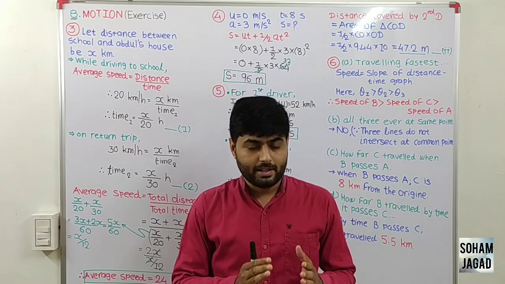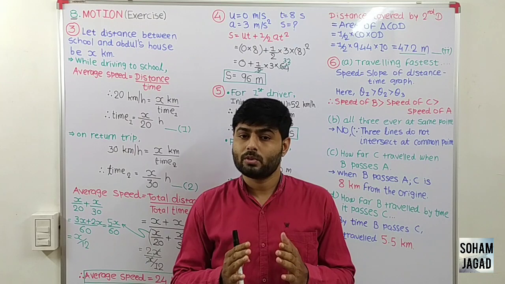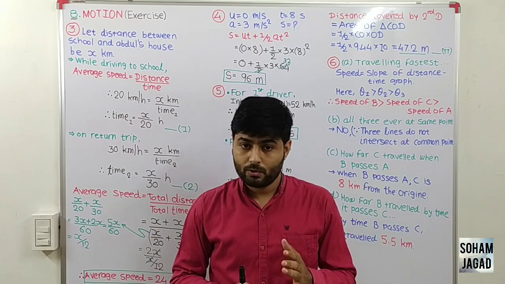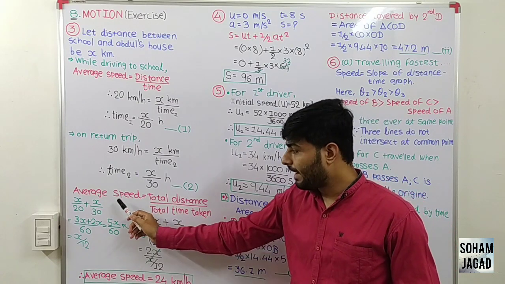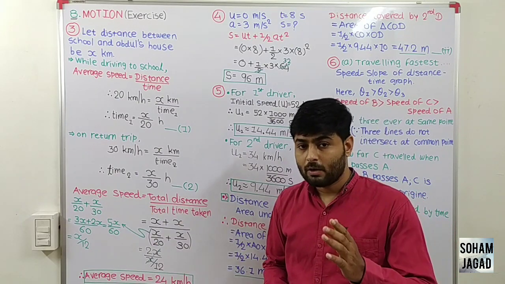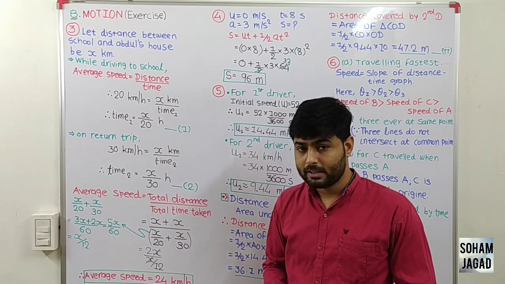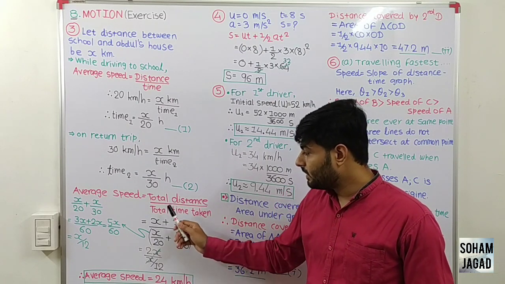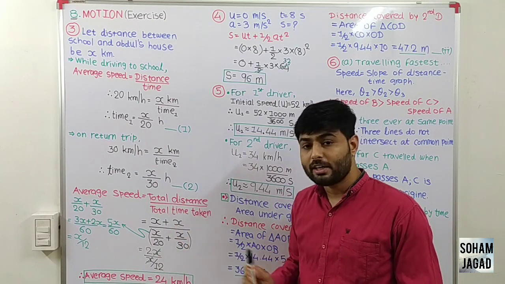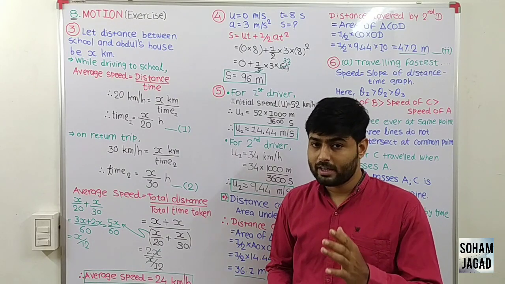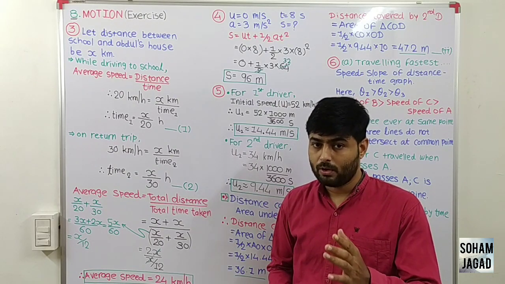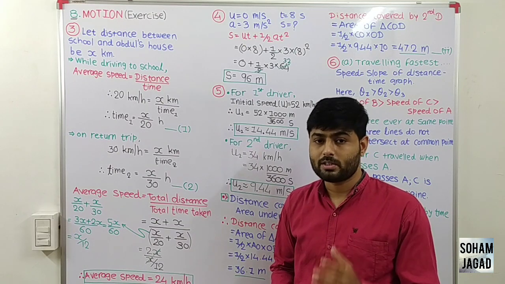After seeing the data, what we have to think first is what to find. Now we know that we have to find average speed. Remember the formula of average speed: average speed is total distance divided by total time taken. But here we don't have distance, so first of all we have to assume a distance.